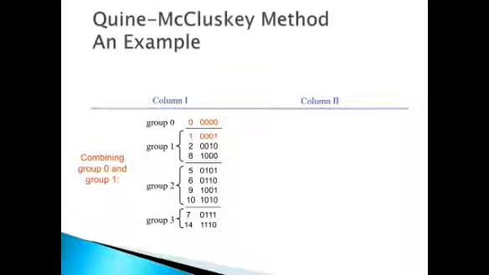Compare the first element of group 0 with the first element of group 1. After comparing, we see that there is a change of 1 bit at the LSB. So we will mark it with a dash.